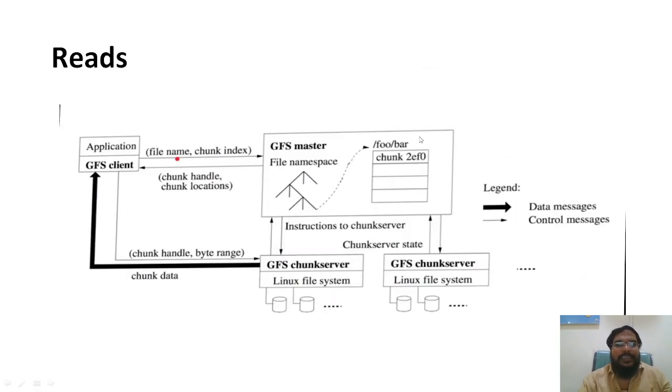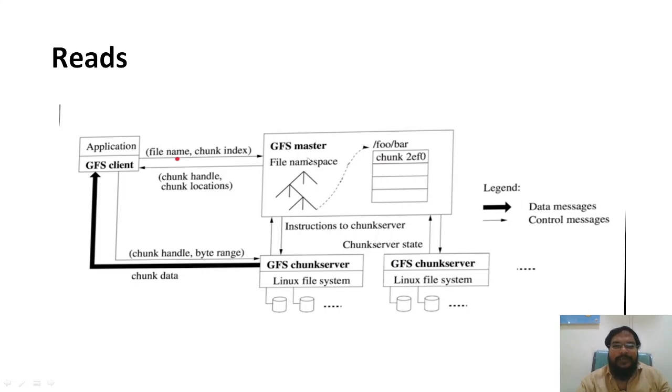And this is the diagram which explains how reads happen in Google's file system. Whenever an application or a client wants to access data, the file name and the chunk index are sent to the GFS master. That is, the file name we want to access and the ID of the chunk we want to access are transferred to the GFS master.